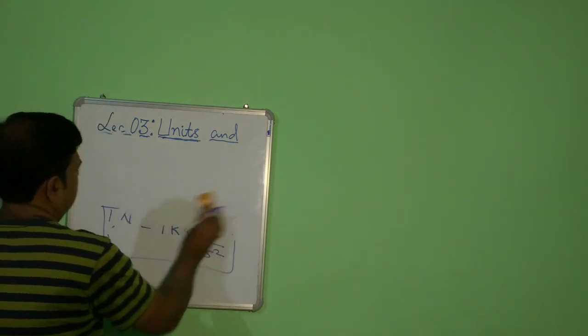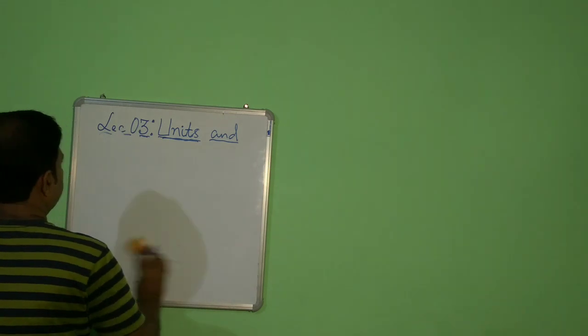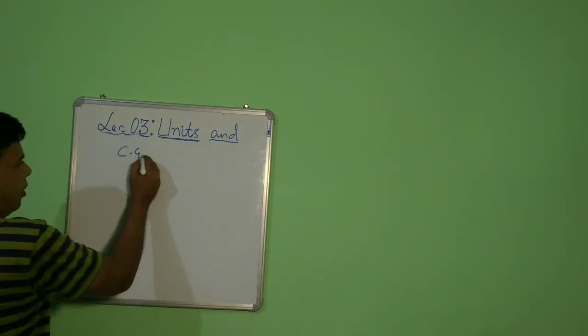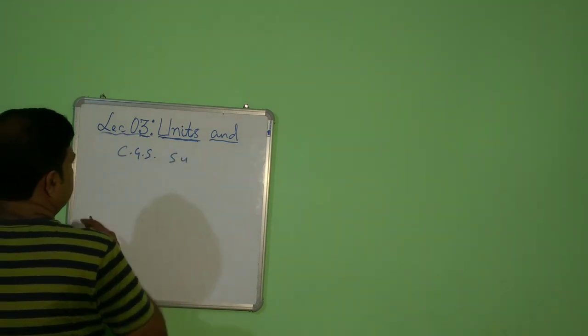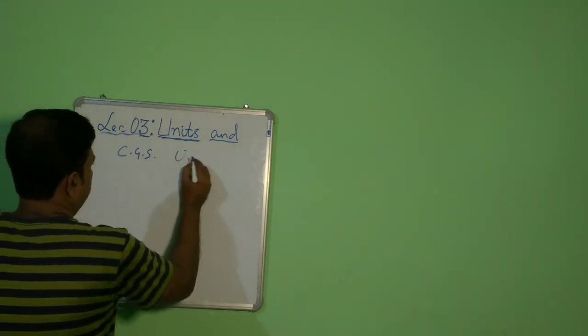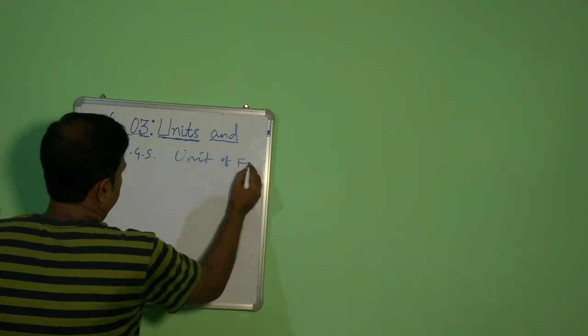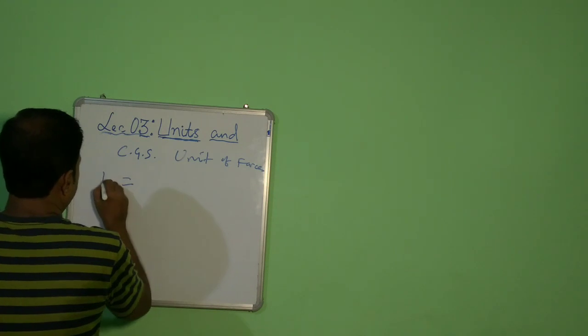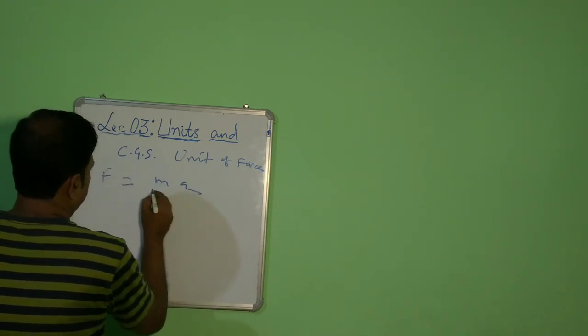This force has another unit under the CGS system, which is known as dyne. The CGS unit of force is mass into acceleration.